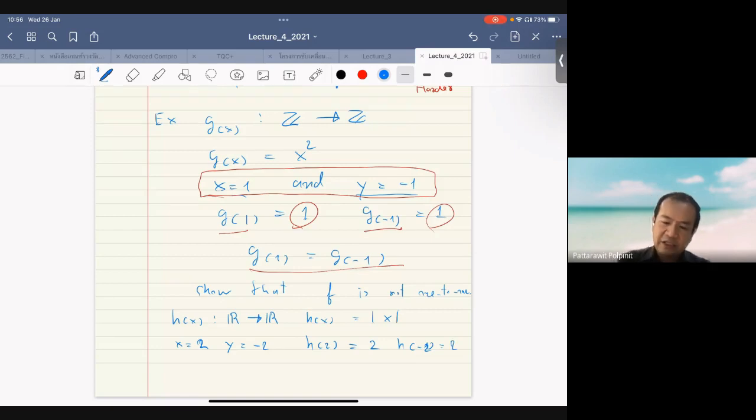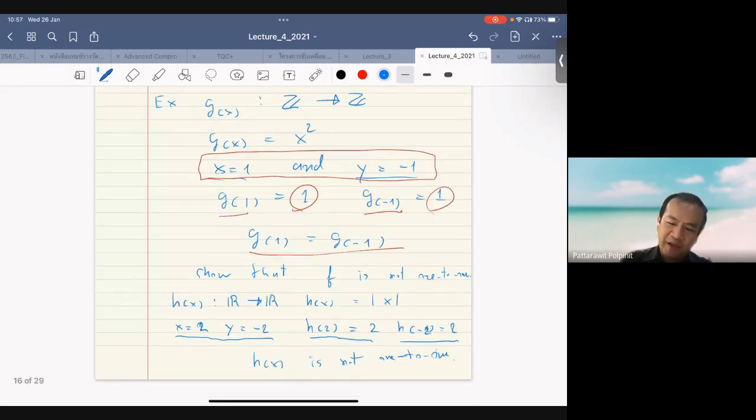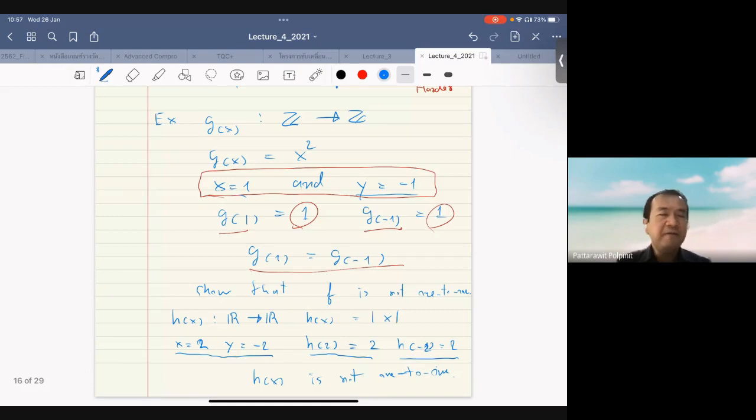So as you can see, x is not equal to y, but h of x is equal to h of y. This shows that h of x is not one to one. But of course, there are some examples that are actually one to one.